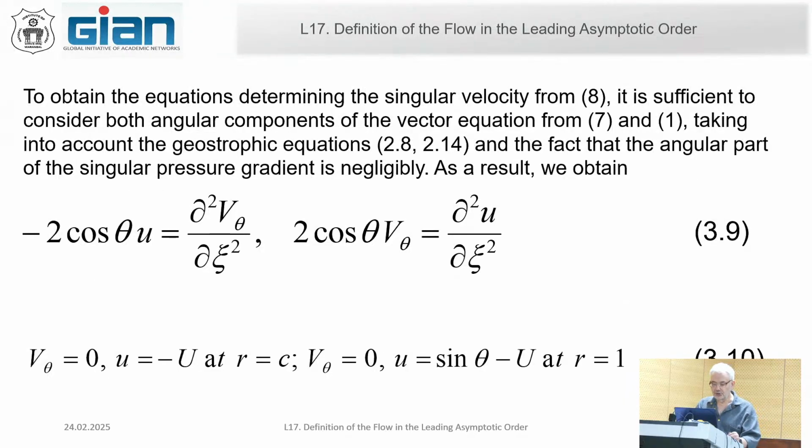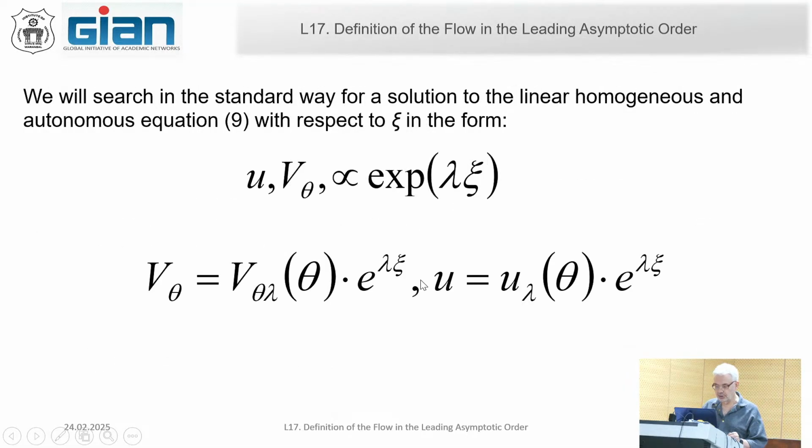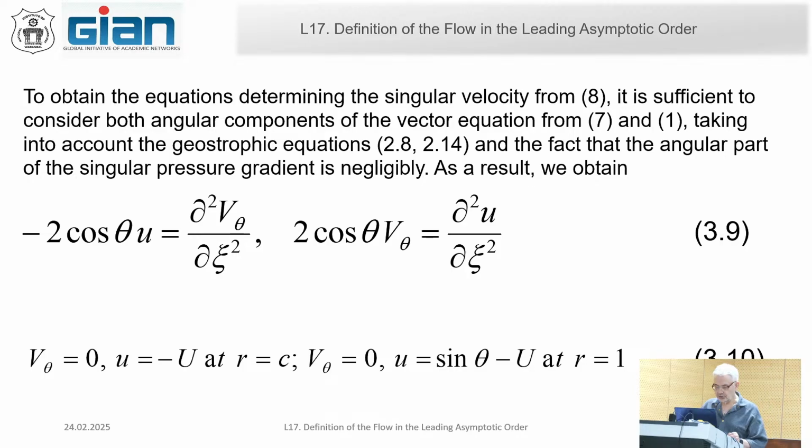So eventually we reduce all this problem to a problem for this stretched variable, and we get a rather simple equation, which depends on two free functions, small u and v theta. The boundary conditions are shown here.